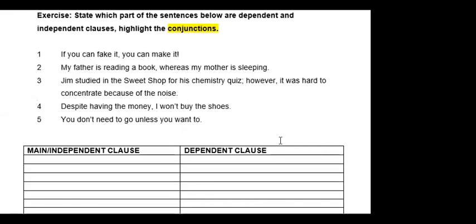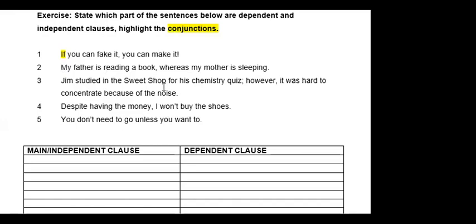So it says, state which part of the sentences below are dependent and independent clauses and highlight the conjunctions. So I'm going to highlight the conjunction in this first sentence. The sentence is, if you can fake it, you can make it. So the conjunction is if. Write for me in the chat, what is the dependent clause in the sentence?